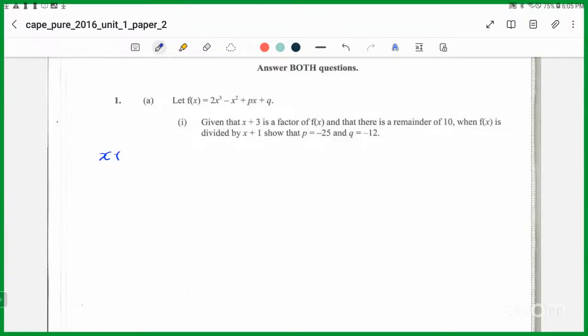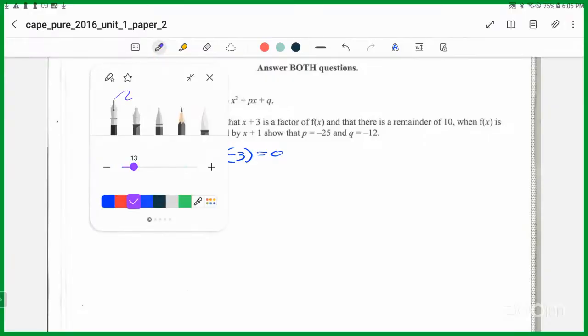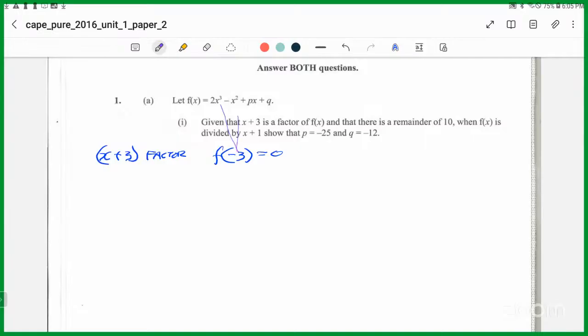So x plus 3 is a factor, which means that f of negative 3 is equal to 0. If f of negative 3 is equal to 0, it means I want to plug negative 3 in here and in here and in here, and then equate that to 0. So negative 3 right here becomes negative 3 cubed, which is negative 27. And negative 27 times 2 is negative 54. So I get negative 54.